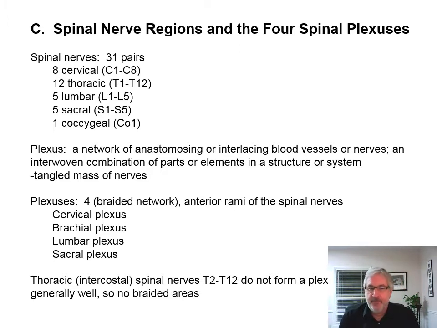Note that there is not a thoracic plexus. The spinal nerves T2 through T12 do not form a plexus. They just follow the ribs around, so there's no braided area, no anastomosis, so there's no plexus.